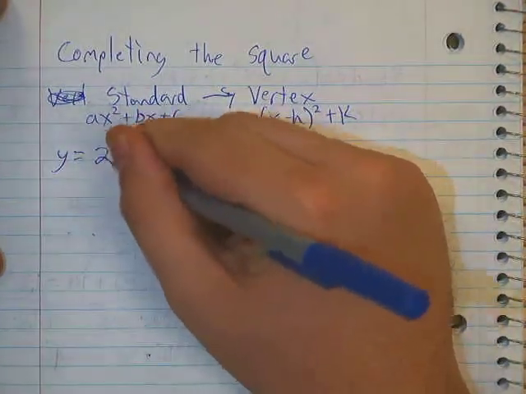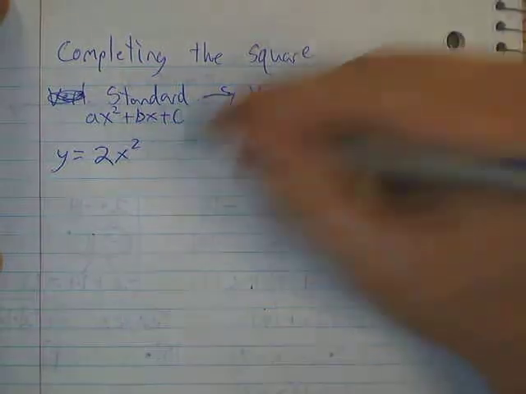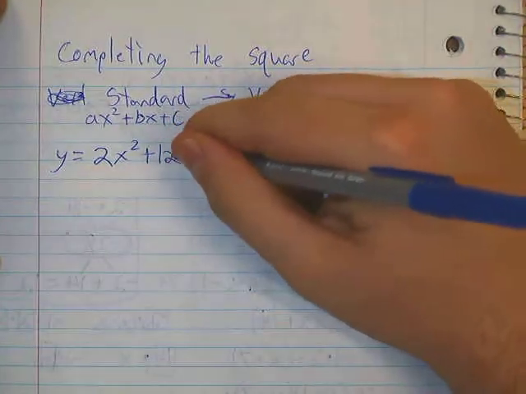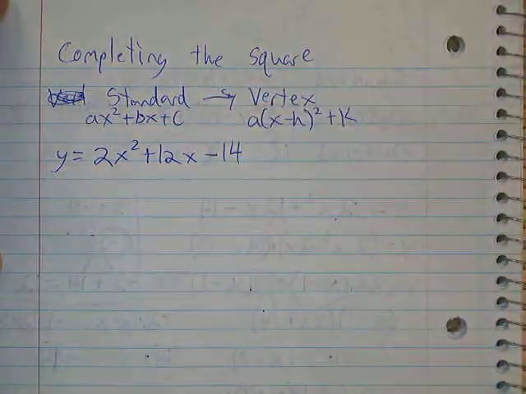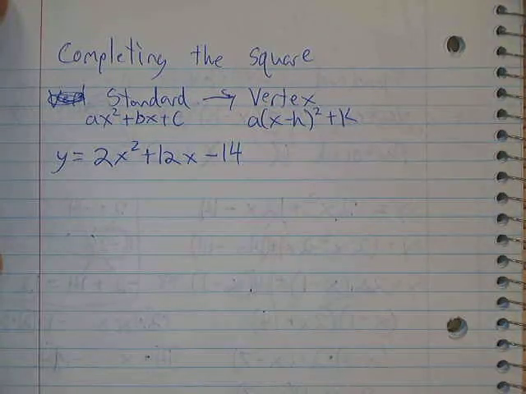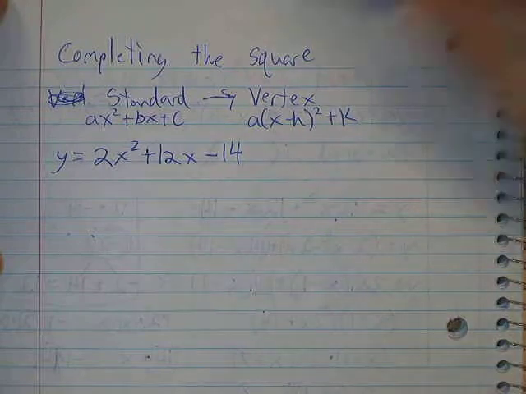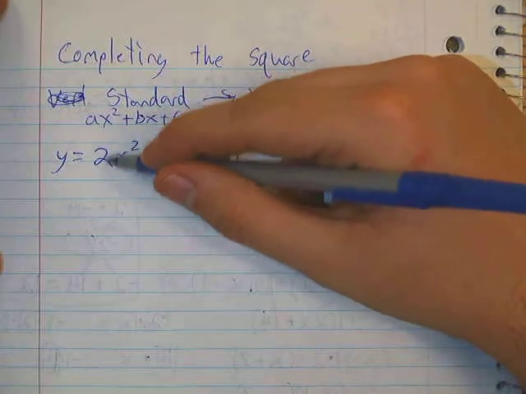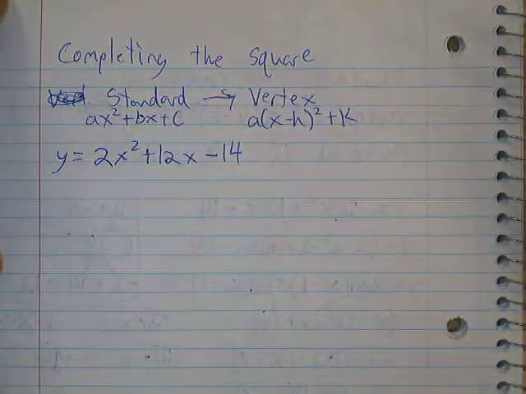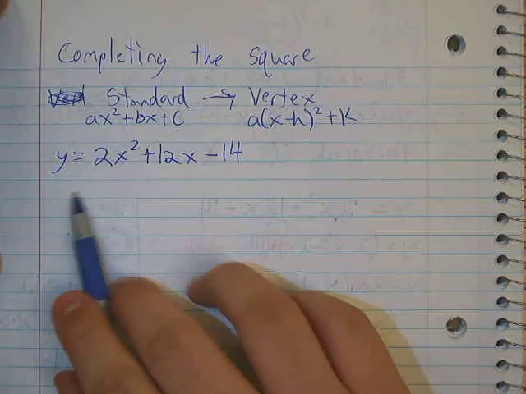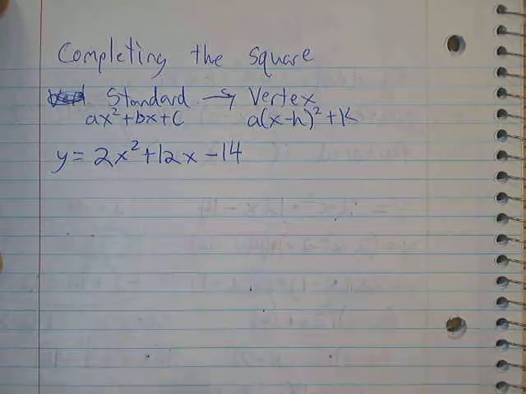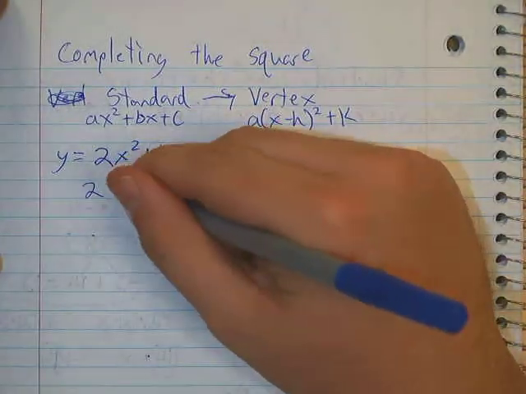It was y equals 2x squared plus 12x minus 14. And the first thing we need to do when we are completing the square is to get my leading coefficient, the number in front of x squared, to be a 1. In order to do that, I need to factor out this 2 here.